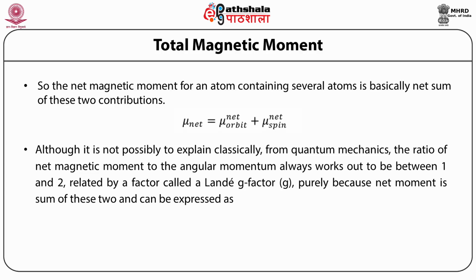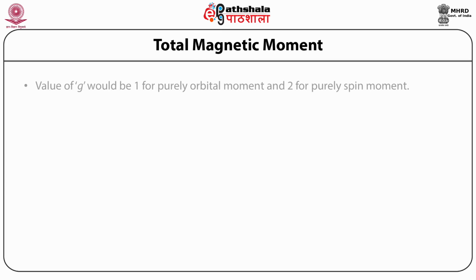This is related by a factor called Landé's g factor, or g, purely because net moment is the sum of these two and can be expressed as mu net is equal to minus g multiplied by e by 2m multiplied by J, where J is the summation of L plus S. Here, the value of g would be 1 for purely orbital moment and it is 2 for purely spin moment.